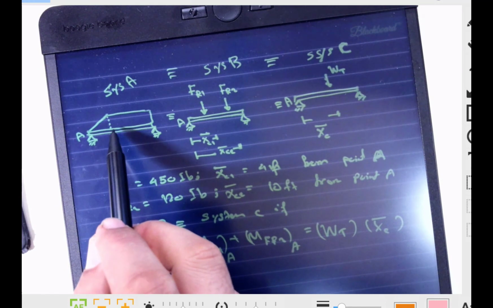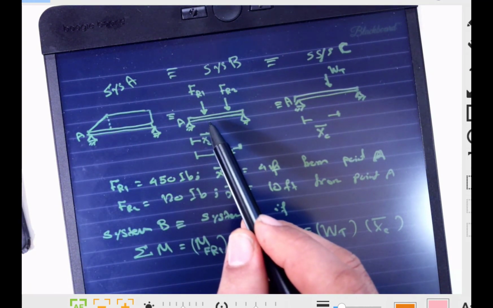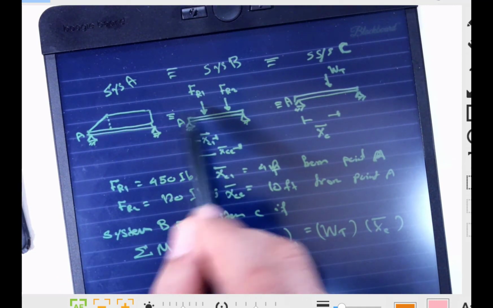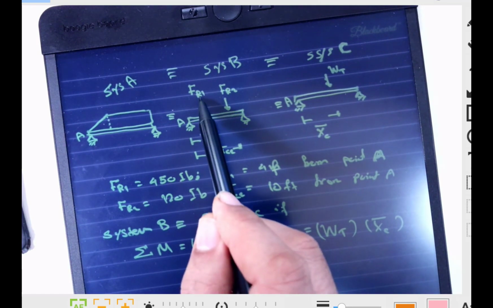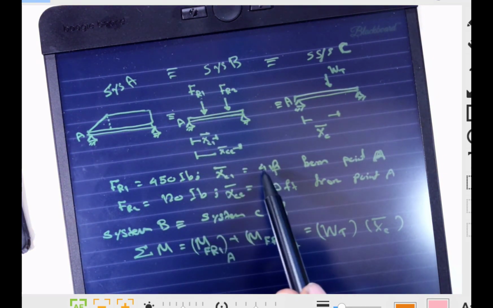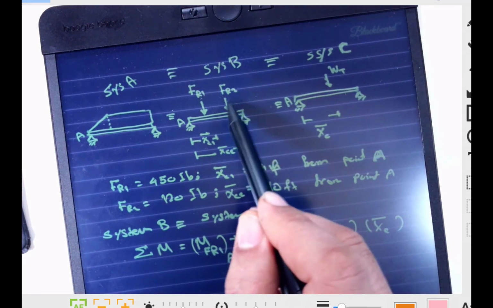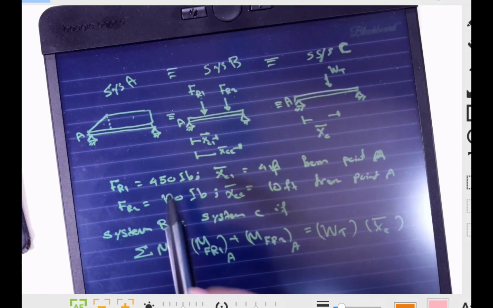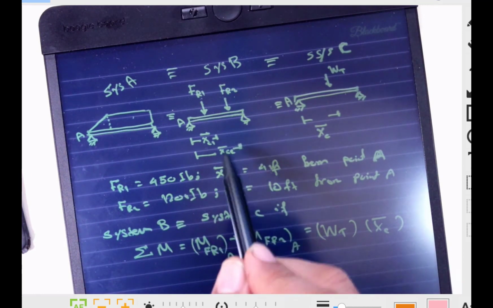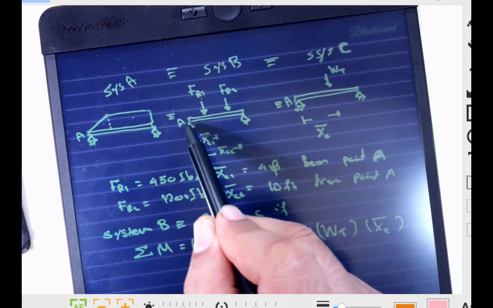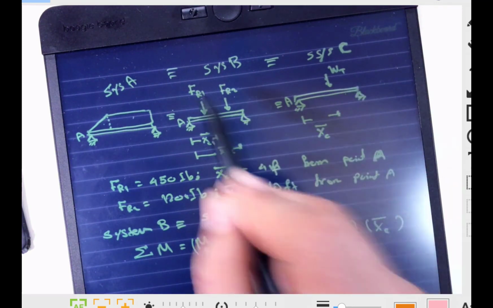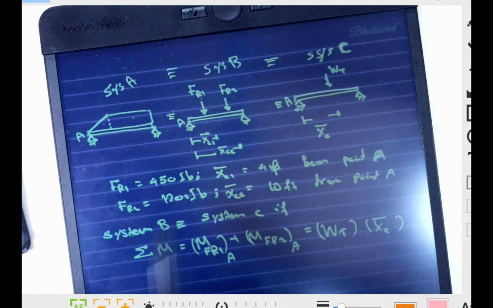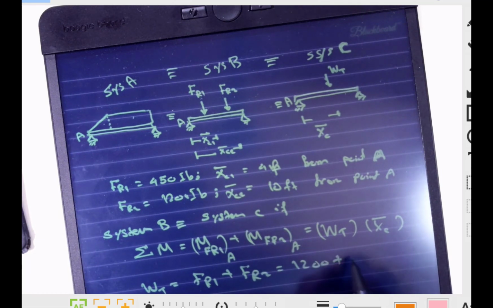We have a distributed load called system A. We have already simplified these two distributed loads into a resultant force of the triangle, FR1, which is 450, located at x1 equal to 4 feet, and FR2 from the rectangle, whose total area under the curve is 1200 pound, at a location of 10 feet measured from point A. The question is to find the resultant force WT, where WT equals FR1 plus FR2, which is 1200 pound plus 450 pound.